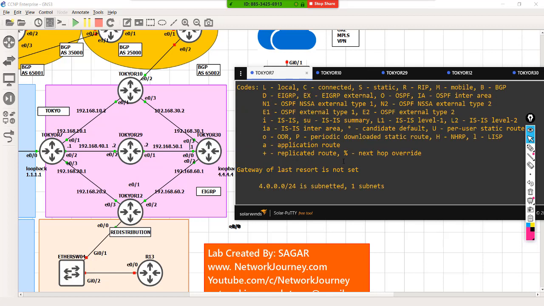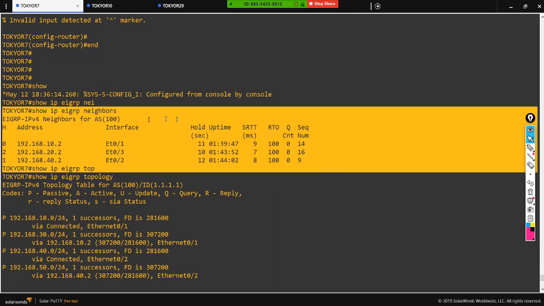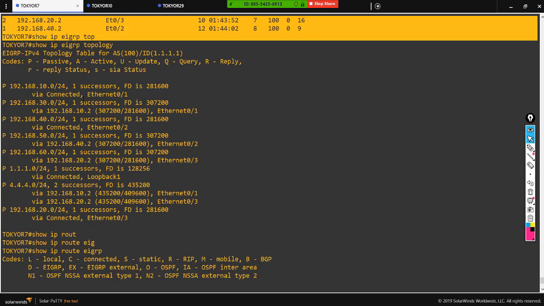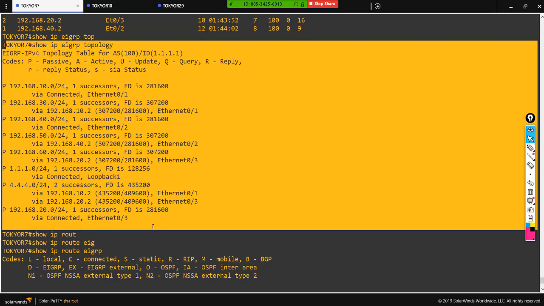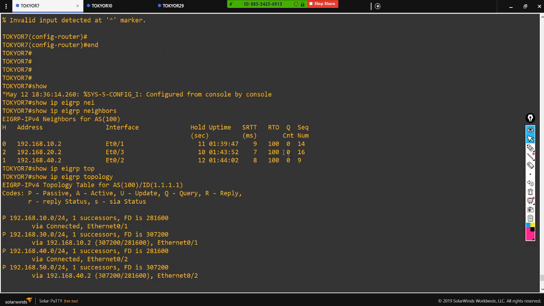Now if someone asks you to expand on these individual tables, like what is this component inside the neighborship table, or what is within the topology table, or within the EIGRP routing table, you should know to some extent. I don't say 100%, but it's good that you know a lot of the components here. Let me just brief you and show you what is what.